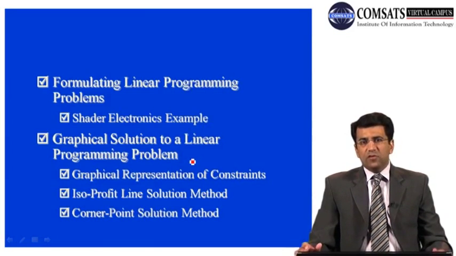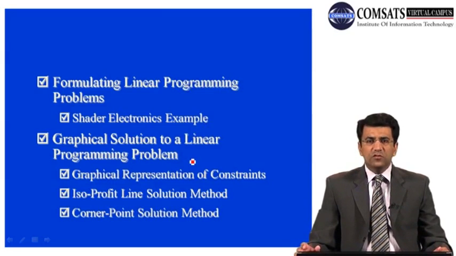Then we'll draw all of these points on the graph paper, and accordingly we can use either the ISO profit method or the corner point method to find the best combination of the two decision variables through which we can achieve our objective function.